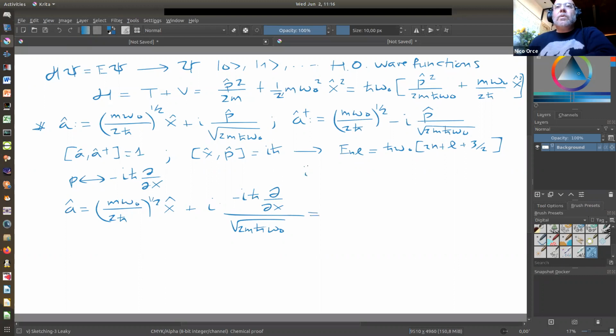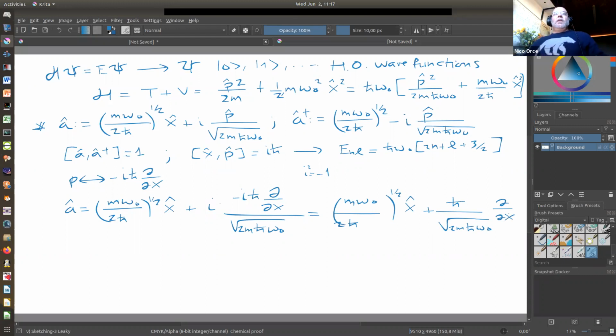As you know, i squared is equal to minus 1. So it will basically be (m omega naught over 2 h bar) to the 1/2 of x, plus h bar over the square root of 2m h bar omega naught, partial derivative with respect to x, which is another operator. Okay, so far so good.